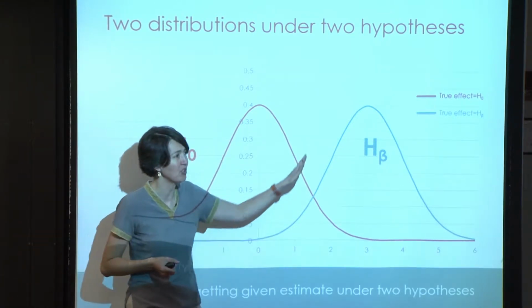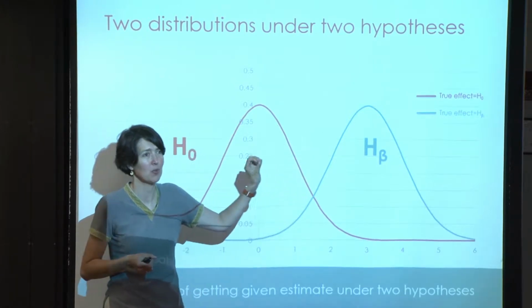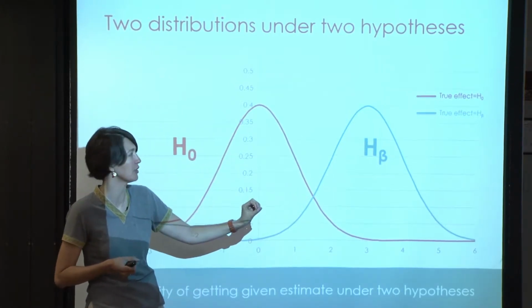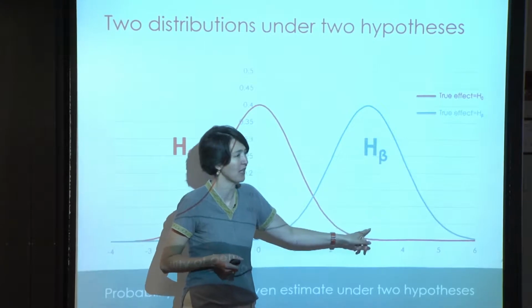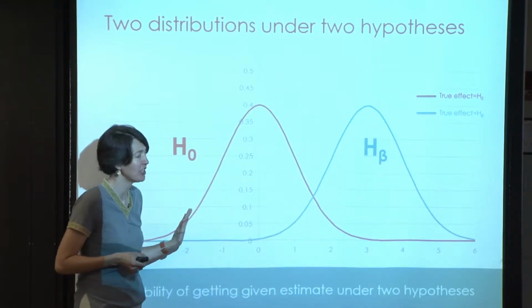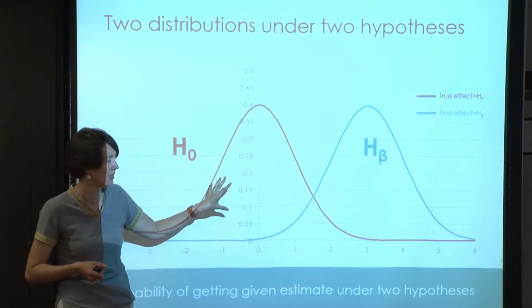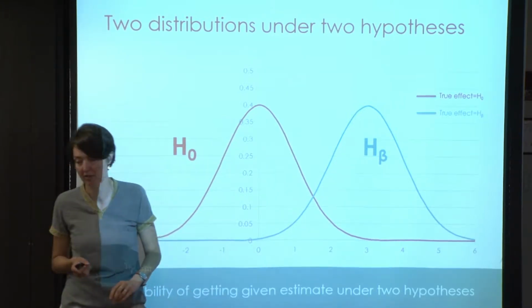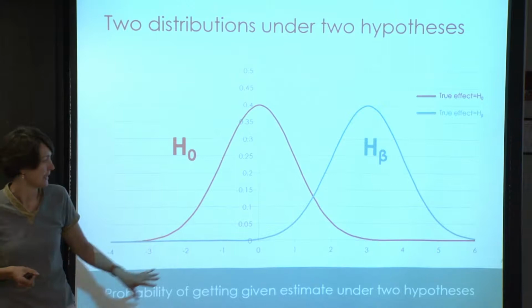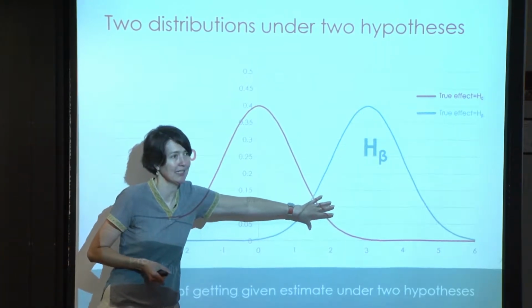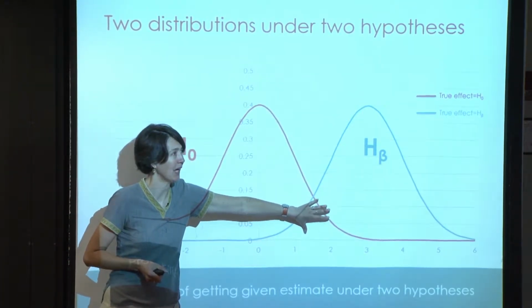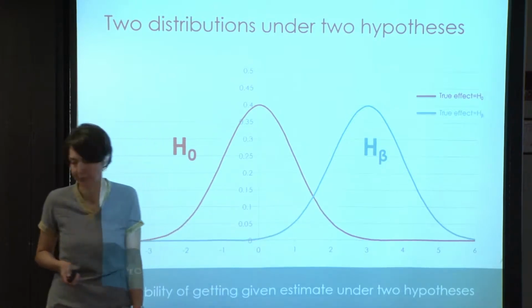This is the distribution of effect sizes we would get if we ran hundreds of trials and the true effect was beta. This is the distribution we would get if the true effect was 0. Okay? And critically, they're going to overlap. And that's going to cause the confusion.